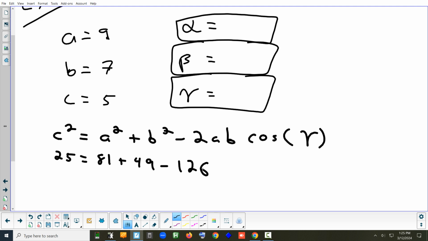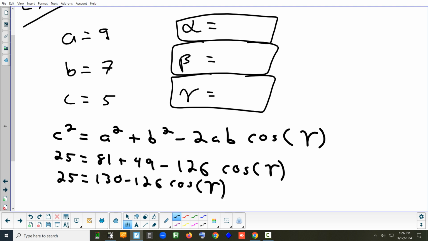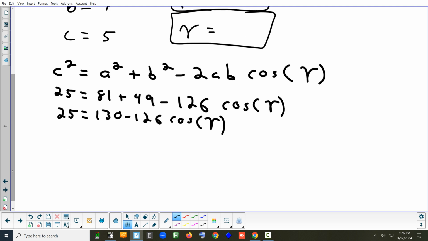And then cosine gamma. Okay, combine like terms. What's 81 and 49? 130. All right. What has to go to the other side now? The 130. What's 25 minus 130? Negative 105.